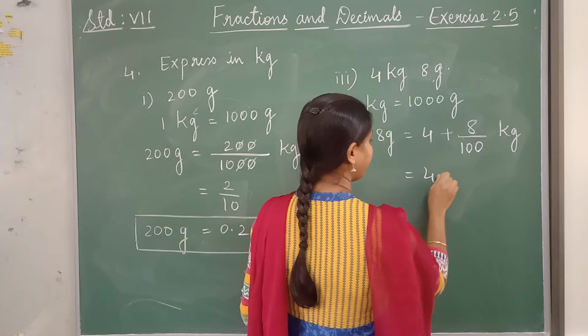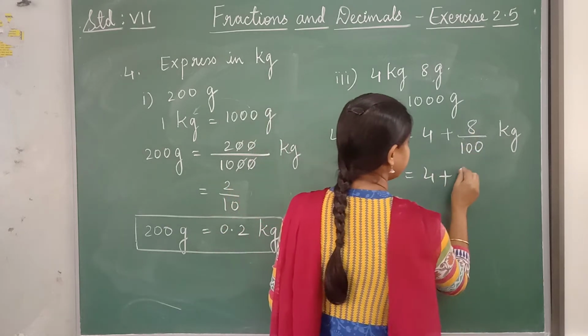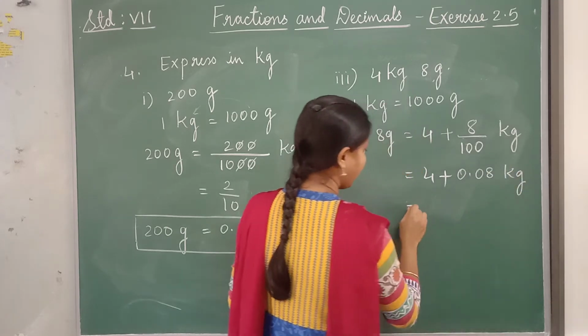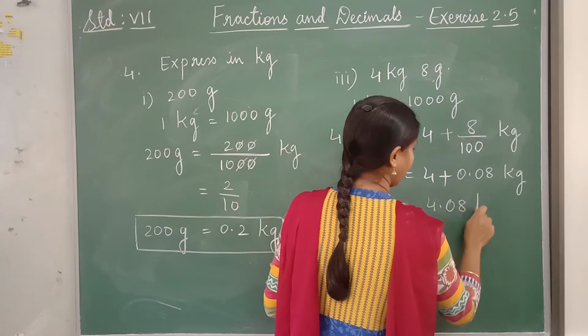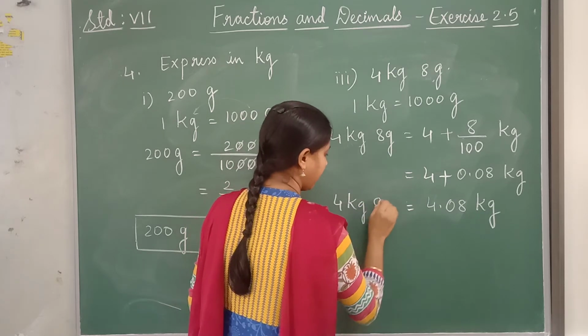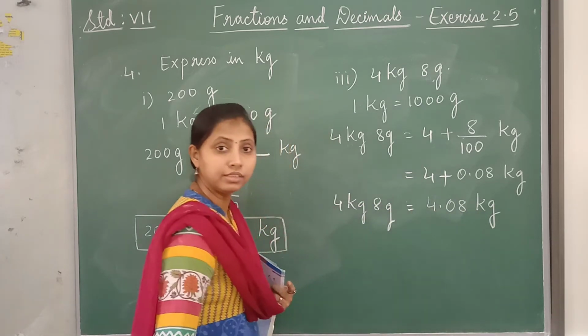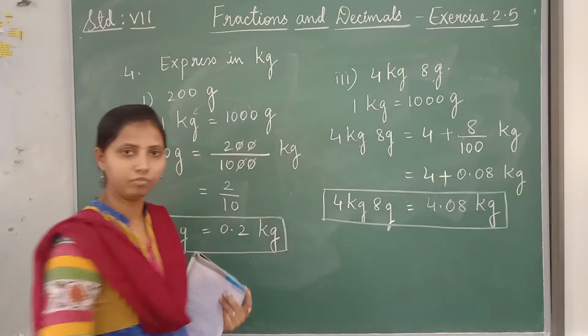So this is nothing but 4 plus 8 by 1000. What is 8 by 1000 in the decimal form? It is 0.008 kg. Now add it. 4 plus 0.008 is 4.008 kg. So 4 kg 8 gram can be expressed in kgs as 4.008 kg. Okay, children?